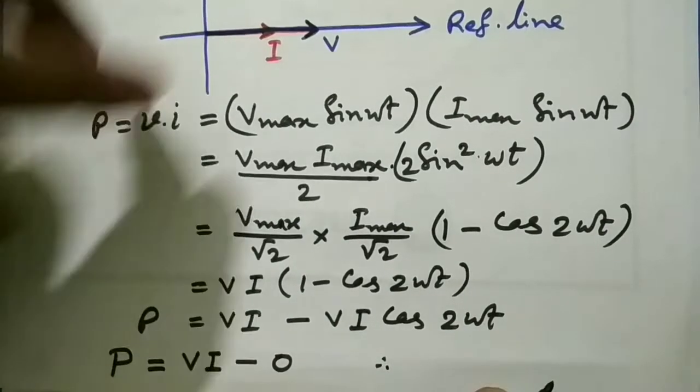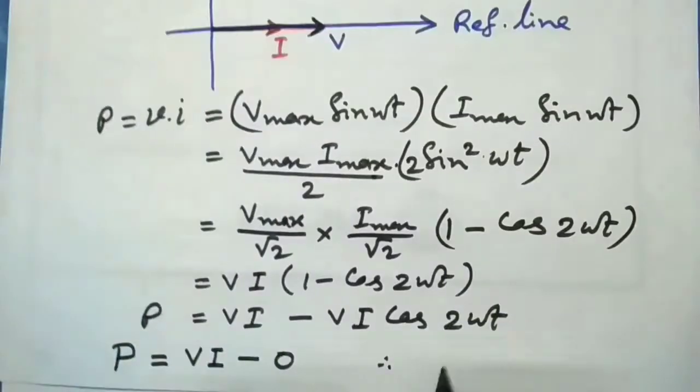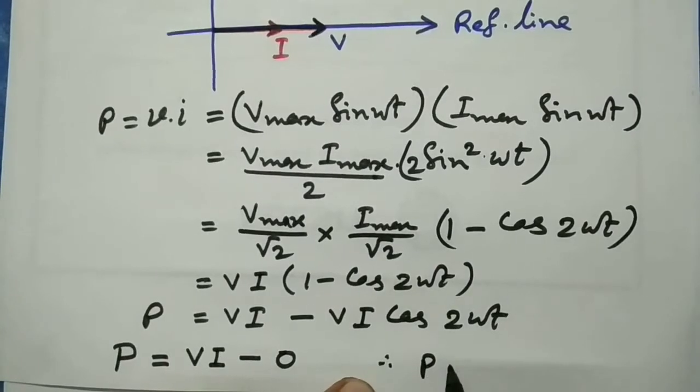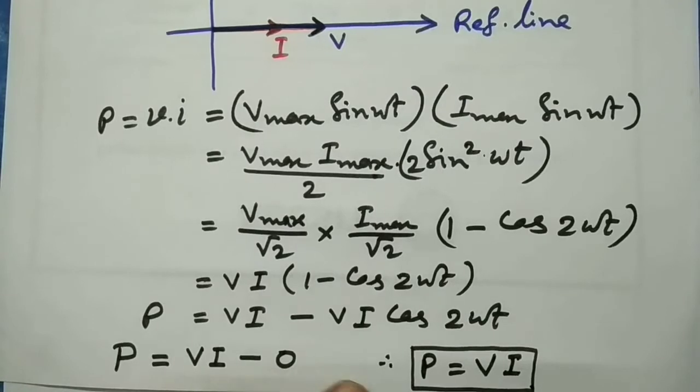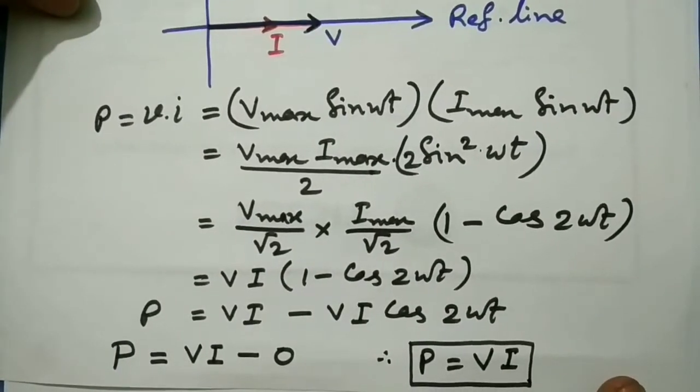Therefore, the power of a purely resistive circuit is the product of RMS voltage and RMS current. It is same as that of DC circuit that we have already seen in the first module.